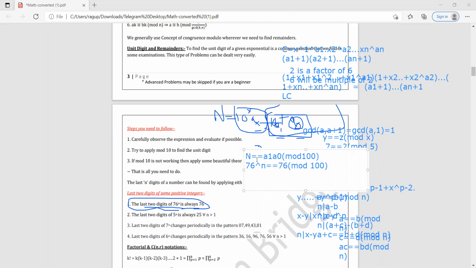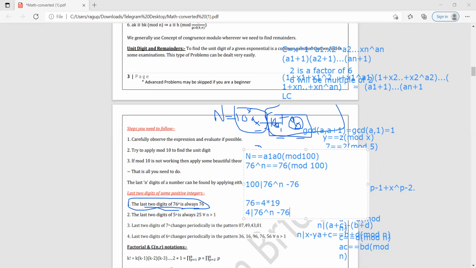So what we need to basically prove is that 100 divides 76 raised to n minus 76. And 76 is 4 into 19, so 4 divides 76 raised to n minus 76.